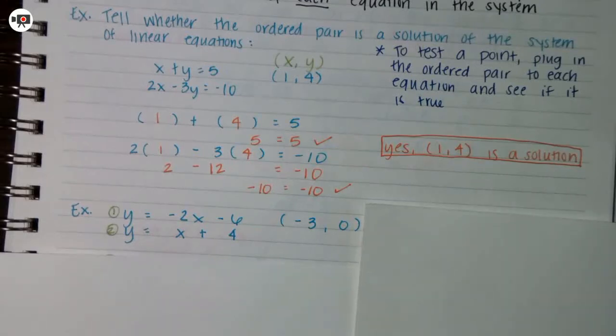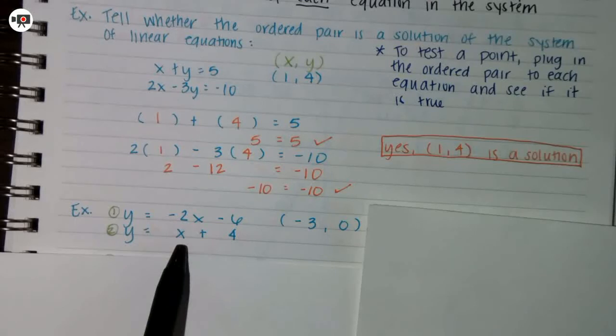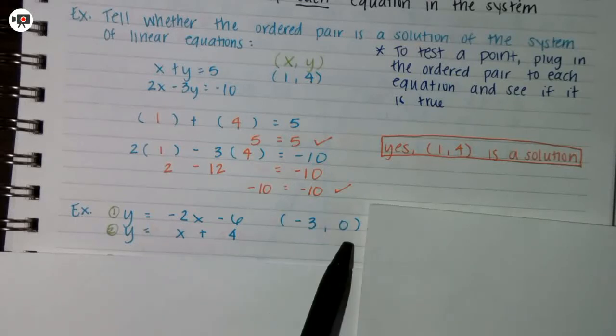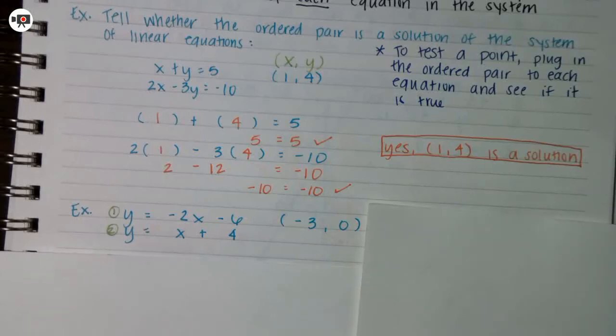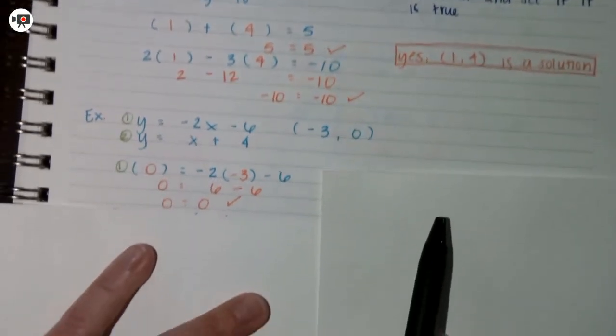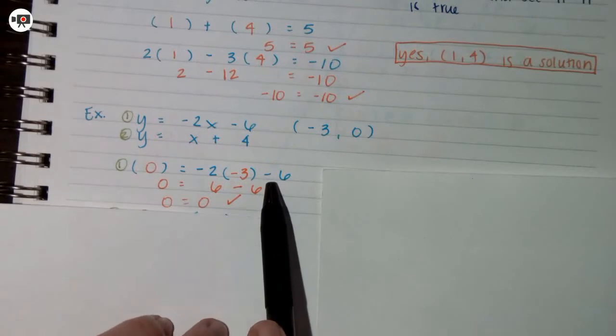Another example, if I have y equals negative 2x minus 6 and y equals x plus 4, and I am given the point (negative 3, 0). So plugging in that point to equation 1, we get 0 equals negative 2 times negative 3 minus 6.